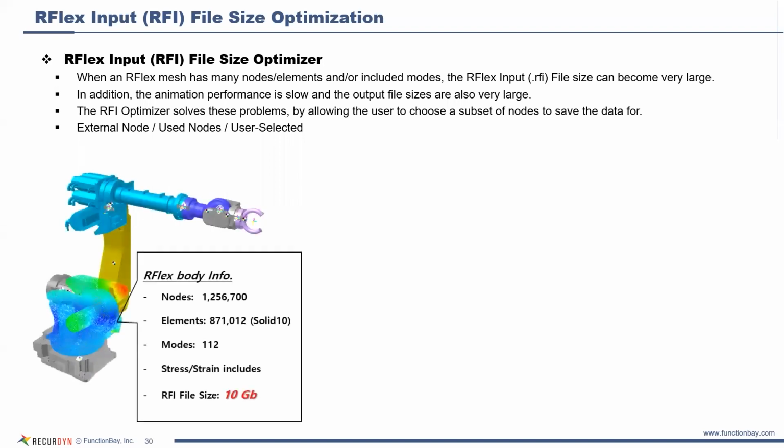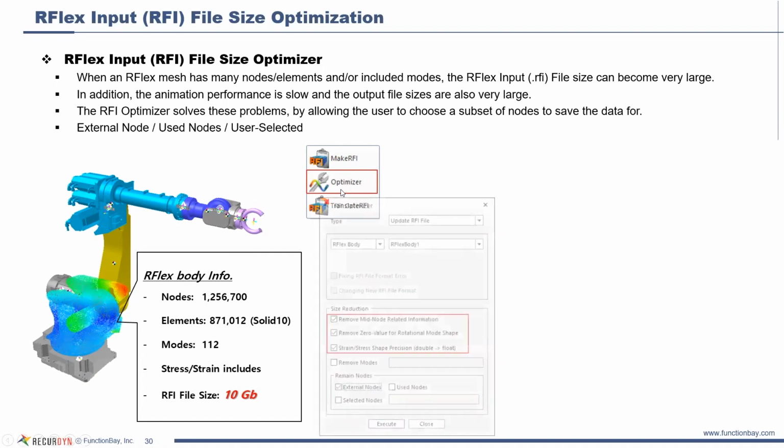So as an example, we've got a fairly complex RFlex body here that has over 1 million nodes, 870,000 elements, and 112 modes. With the stress and strain information included, the RFI file is 10 gigabytes.